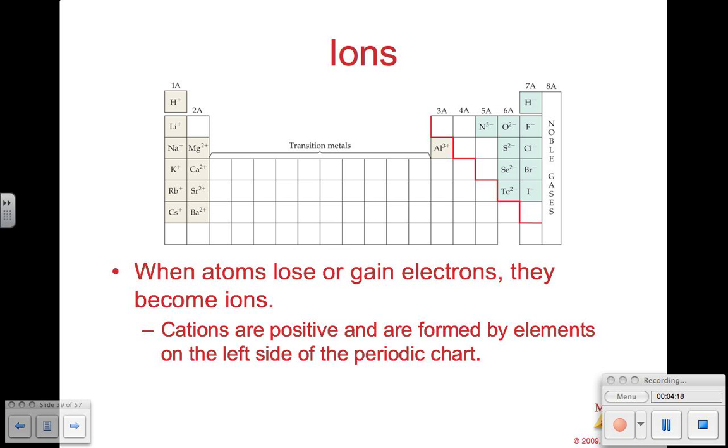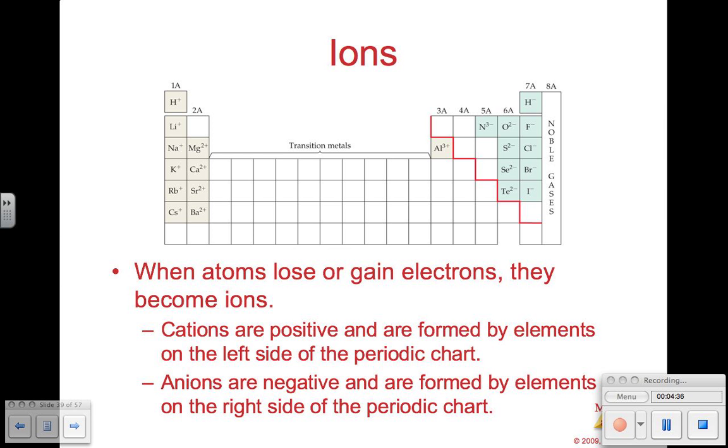All right, another type of compound would be ionic compounds, and this is when ions are present. We actually spent a decent amount of time looking at ionic compounds in first year chemistry. Ions form when an atom either loses or gains electrons. Cations are positive and are found more so on the left side of the periodic table, and anions are on the right side, mostly nonmetals that form anions, and they're negative.